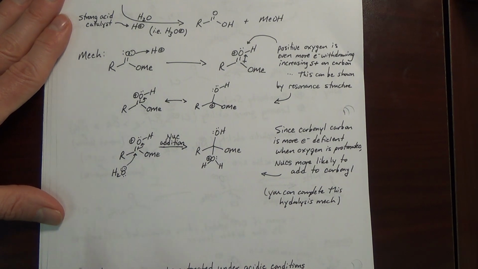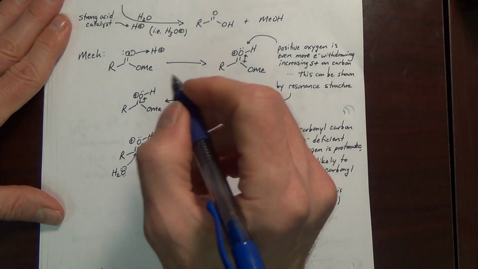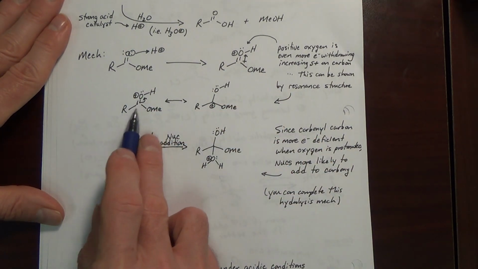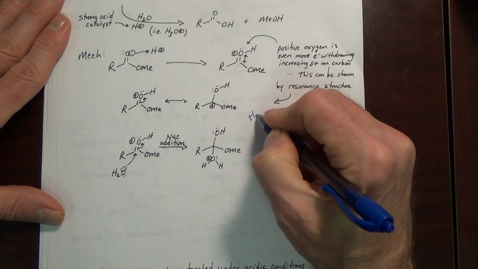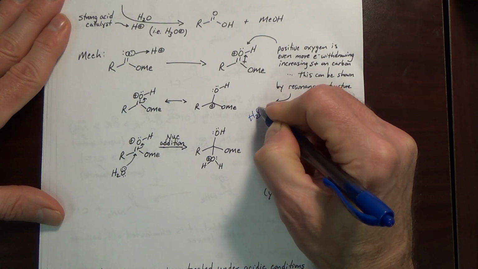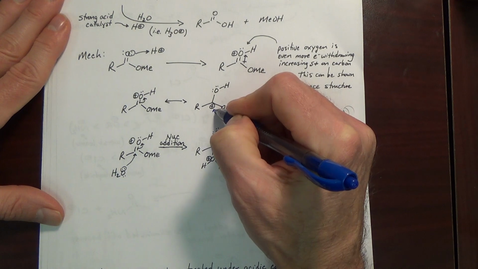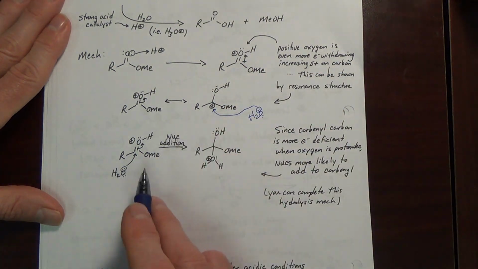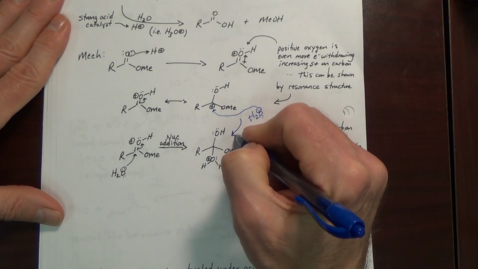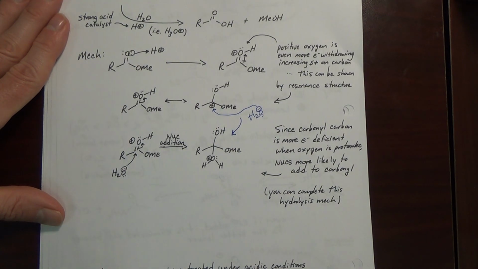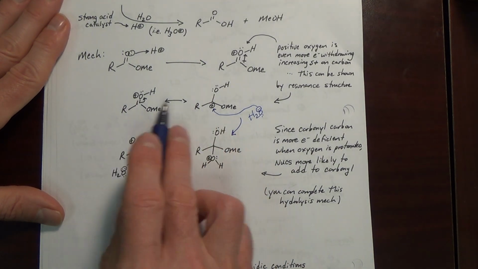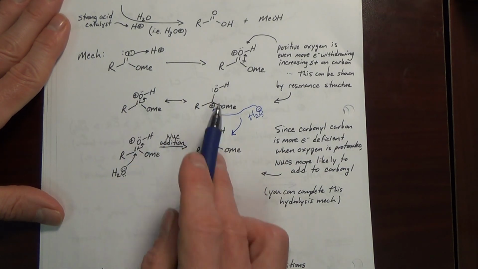When you do that, you can always work with any resonance structure. Here I'm adding to this, or we could add just right here. Either one of these reactions would give this. You can always work with any resonance structure. Neither one is actually real, right?